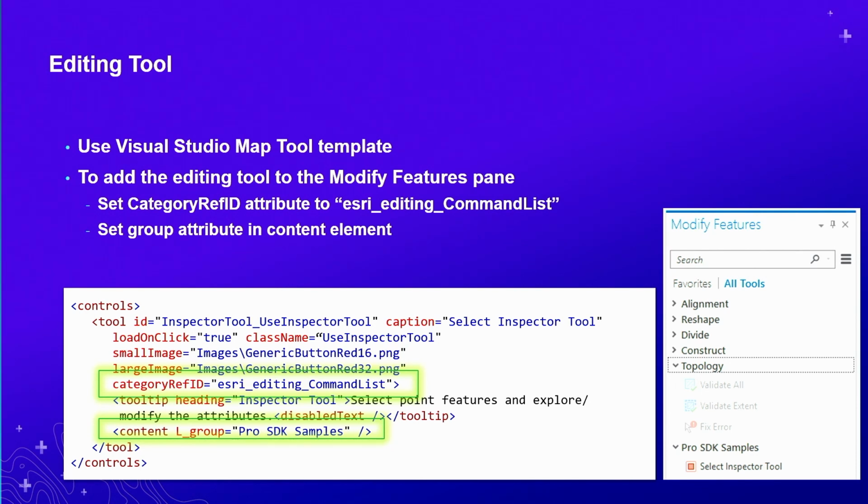Where it actually appears, under which group, is defined by the content tag and the L_group attribute. And here I'm just saying Pro SDK Samples. This will create a new group for me if it doesn't already exist, or if you specify an existing group, then it'll place your tool into that existing group. The L_, by the way, means it's localizable, so if you're worried about the language used there.